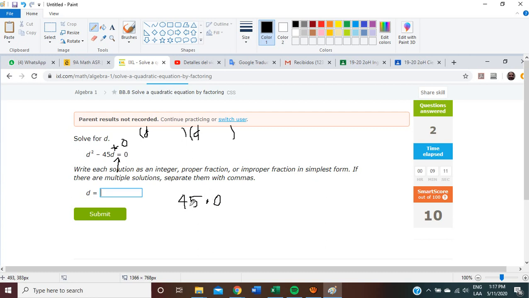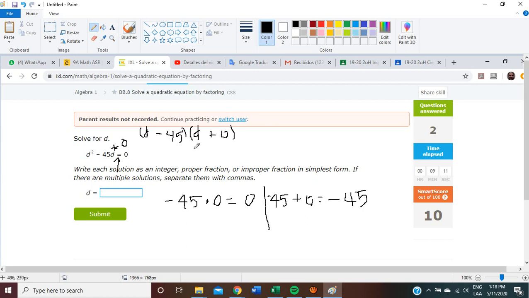45 times 0 equals 0, but 45 has to be negative. In the addition, negative 45 plus 0 equals negative 45. So it is negative 45 and 0.